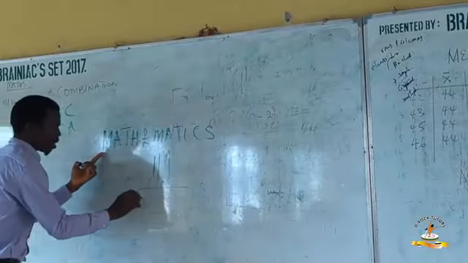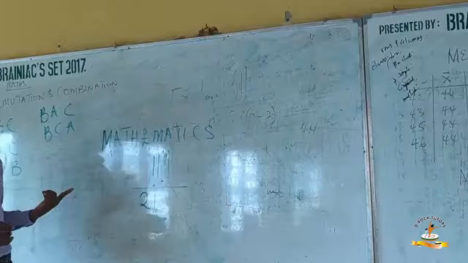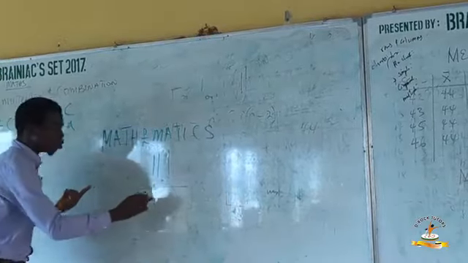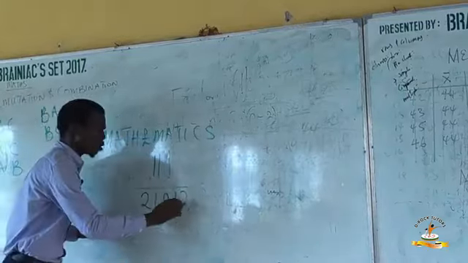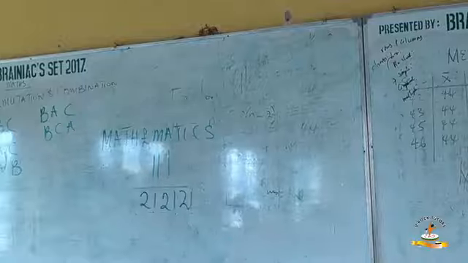M repeated how many times? Twice. It becomes 2 factorial. Which other letter will repeat? A, right? How many times? 2. Another 2 factorial. T also, another 2 factorial. And no other letter repeats again. This is my result.